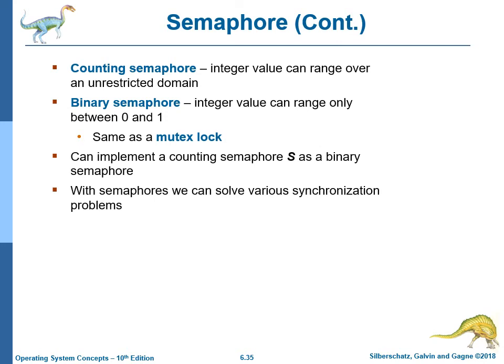In fact, on systems that do not provide mutex locks, the binary semaphore can be used instead for providing mutual exclusion. The counting semaphore can be used to control access to a given resource consisting of a finite number of instances. So the semaphore is initialized to the number of resources available. Each process wishing to use a resource performs a wait operation.